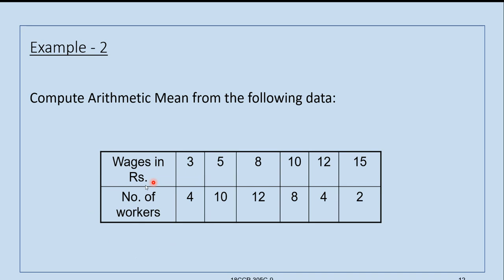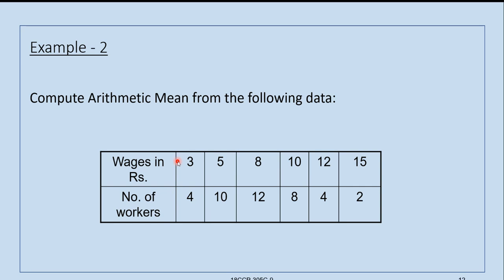So this we take as capital X in the first column, and this we take as small f in the second column. Here for 4 people, wages are 3 rupees, maybe per hour or per day or something else. Because this is a very old problem, the variables are very low.